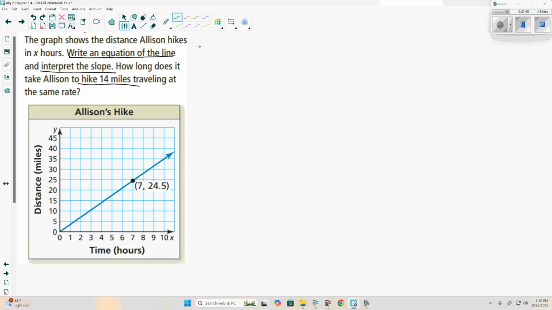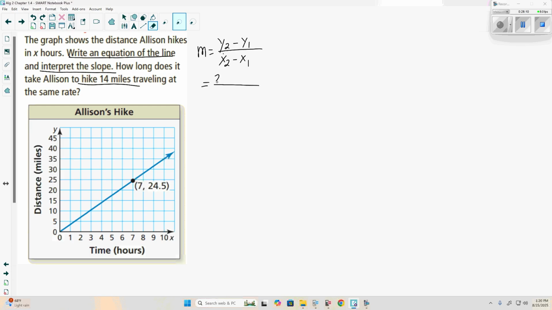So again, slope. y2 minus y1 over x2 minus x1. Now our y values, because they did give us the point 7, comma 24.5, yes?